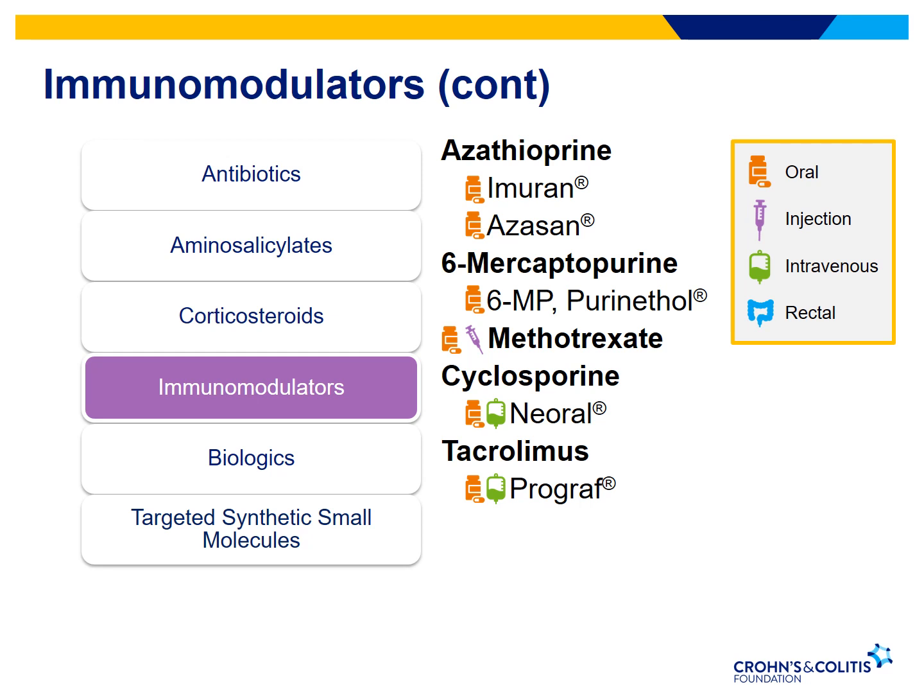Methotrexate can be given both orally and injection, not to be given for women of childbearing age. Cyclosporin and tacrolimus, not used a lot, certainly not to the same degree as azathioprine and 6-mercaptopurine, and also not used for women of childbearing age, because these are not safe during pregnancy.